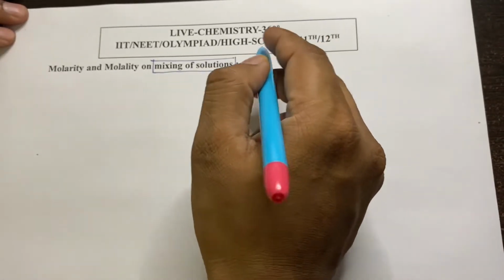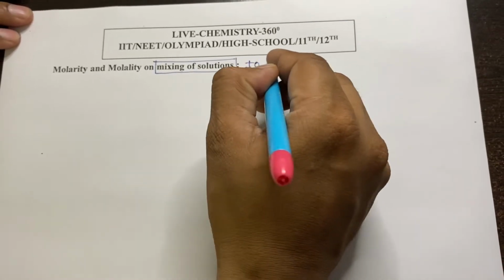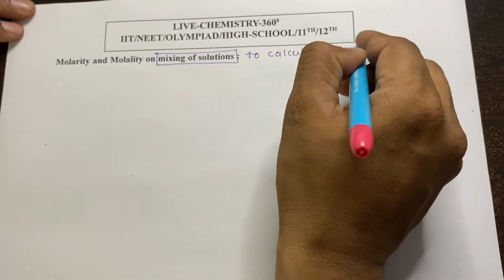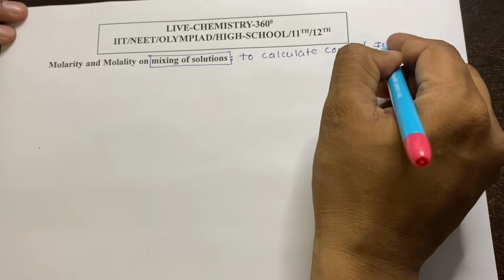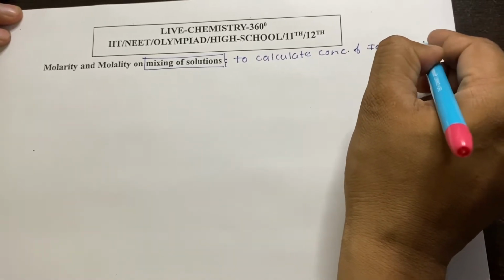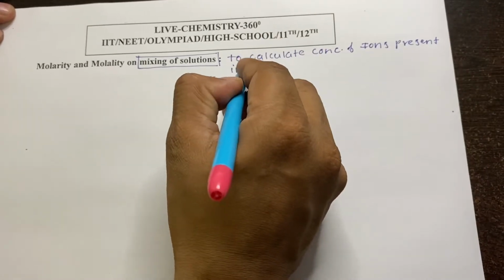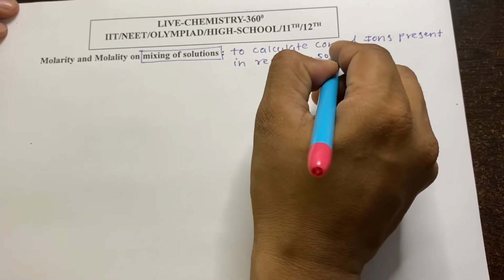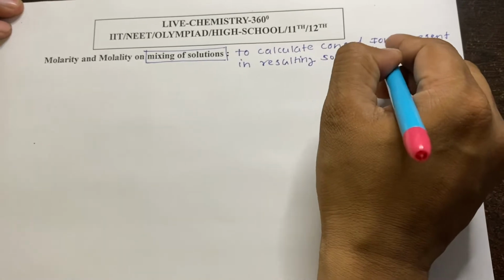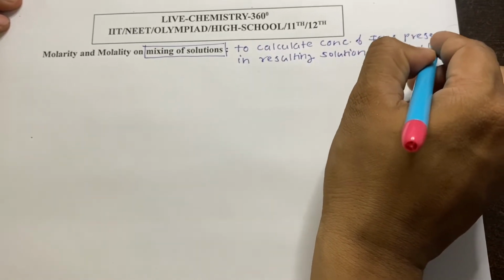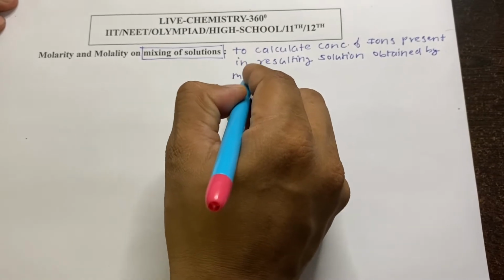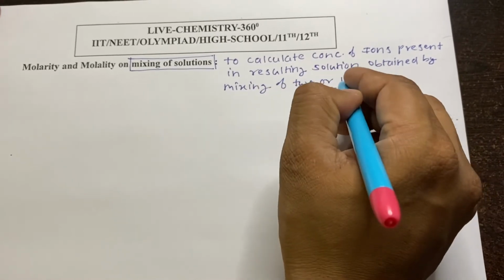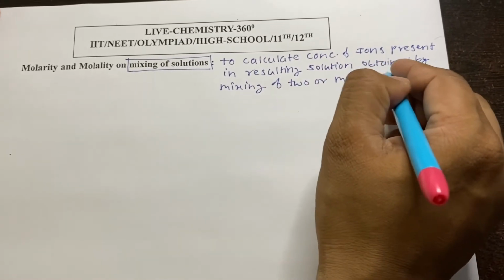For example, to calculate the concentration of ions present in the resulting solution obtained by mixing of two or more solutions.